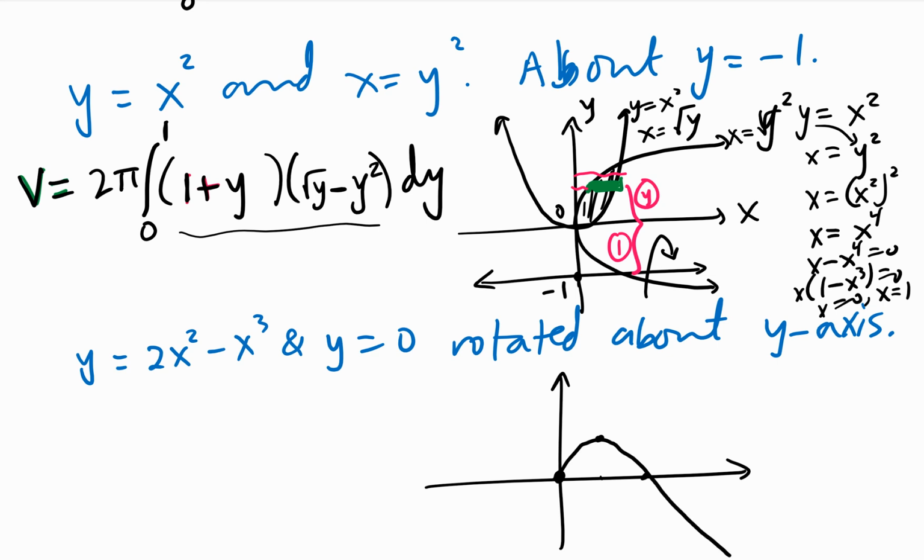I care about this place because this is y equals 0. So it's the region between the graph and y equals 0 around the y-axis. So if we try to use washer method, it's not going to be easy or almost impossible. So only shell method will work.